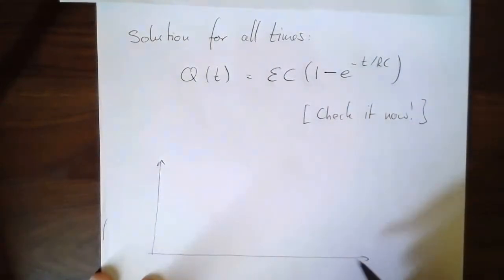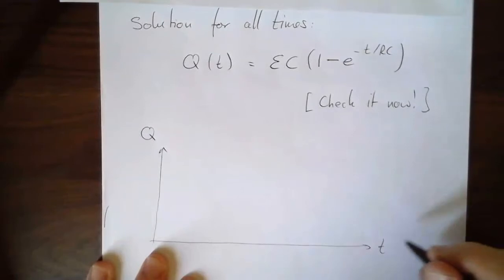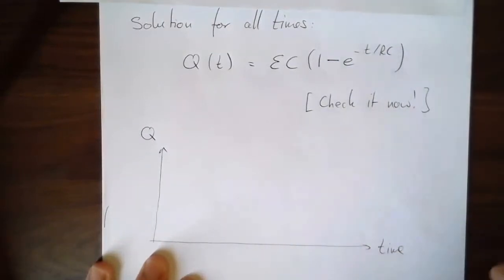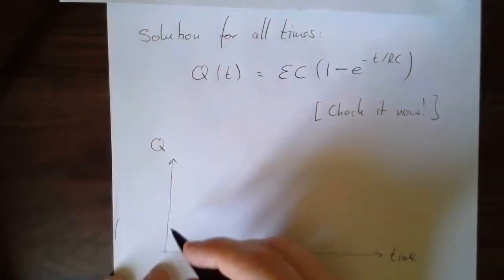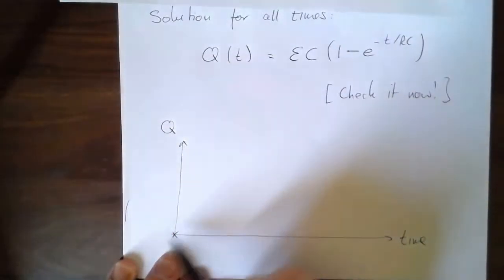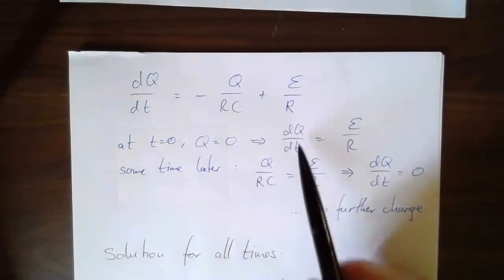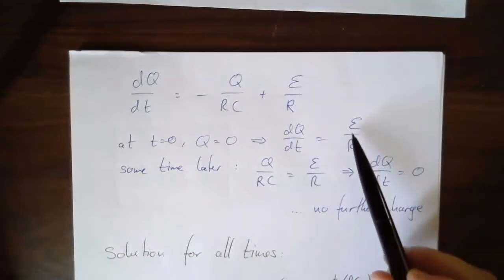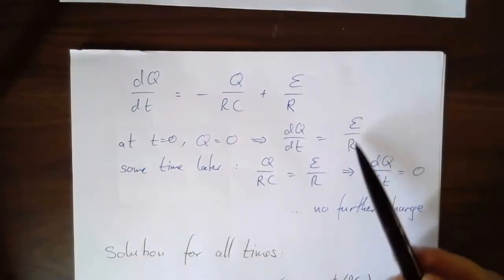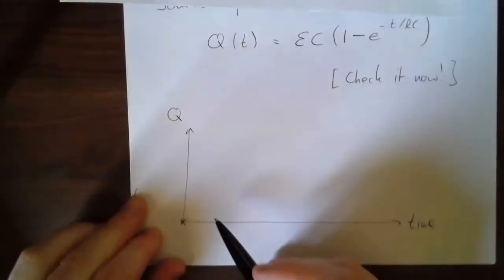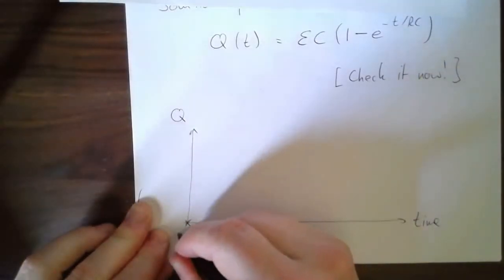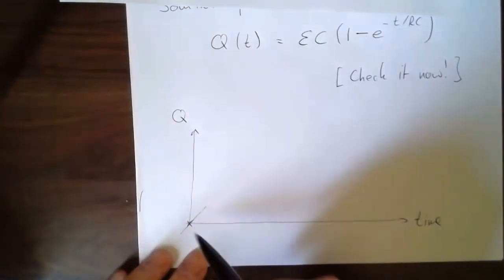So let me plot a function Q against time. From our initial thoughts, we start at 0 at time 0. The slope here, the rate of change of Q, is just curly E over R, the voltage that the battery provides divided by R. I can't really draw this, but it has some initial slope.